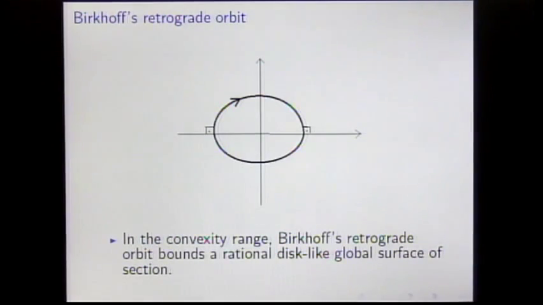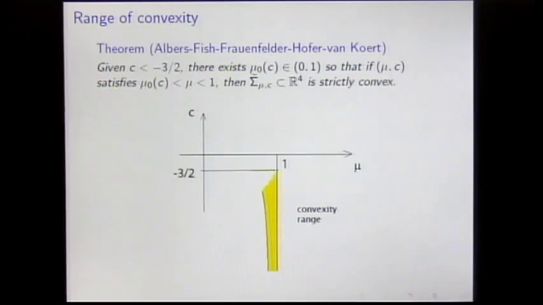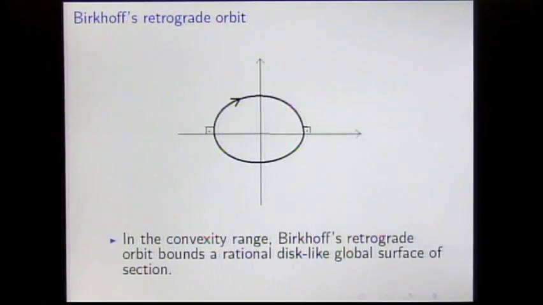At least for the convexity range, if this picture that I put here is correct, then this is a Hopf fiber inside this RP3, not on S3, and within that range of energy and parameter this would be true. I don't know if it was already known, the existence of this global surface of section for the retrograde orbit of Birkhoff, maybe close to the Earth.